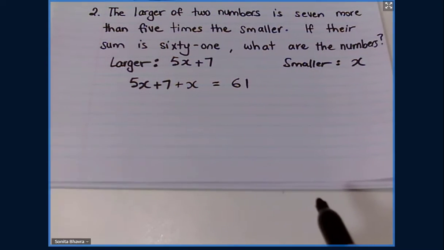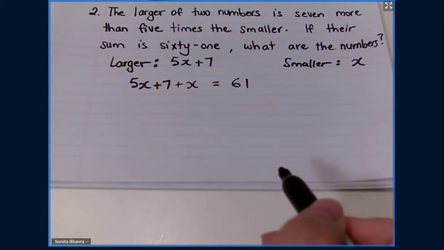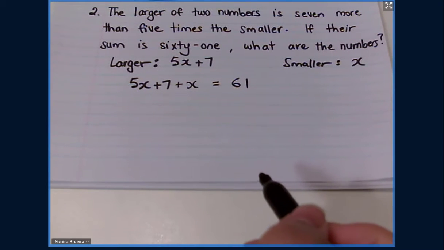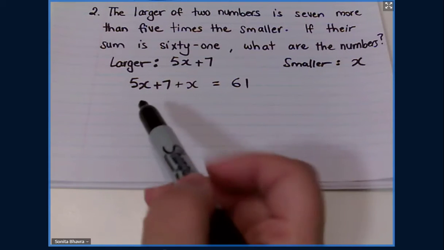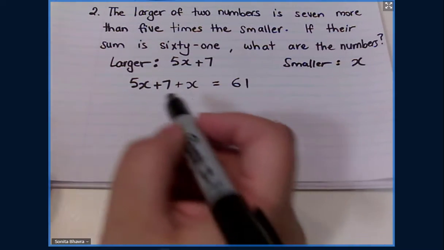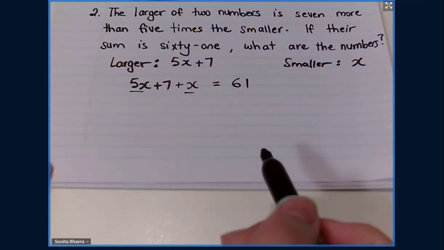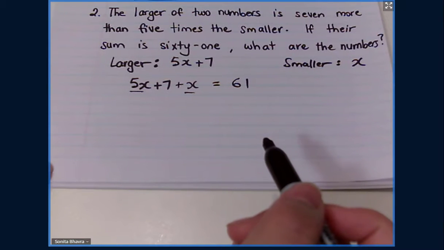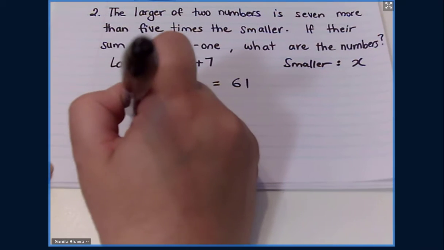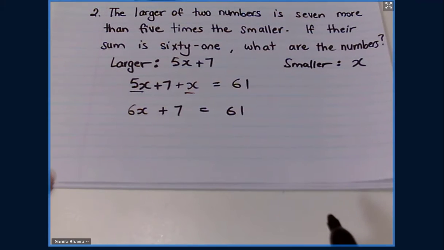So there's our equation. Now we can go ahead, collect like terms, and solve for x. On the left-hand side, we have 5x plus 7 plus x. So we can collect 5x and x together. 5x plus x gives me 6x, plus 7 is equal to 61.